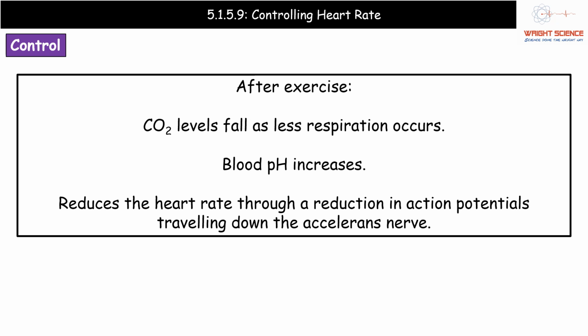That will be detected by those chemoreceptors, and that is then going to use the reduction in action potentials travelling down the accelerans nerve to reduce your heart rate. So those chemoreceptors are purely monitoring what's happening to your blood pH as a result of how much carbon dioxide is present, and that's all tied in to how much respiration is taking place.